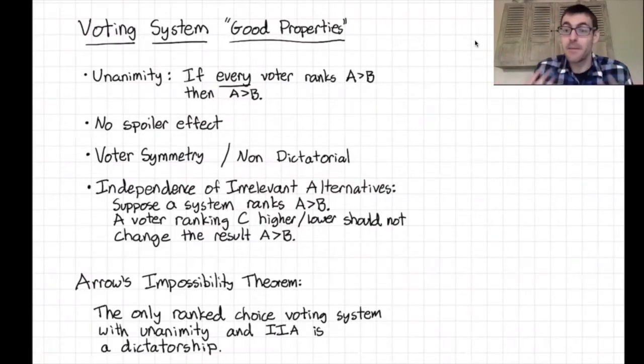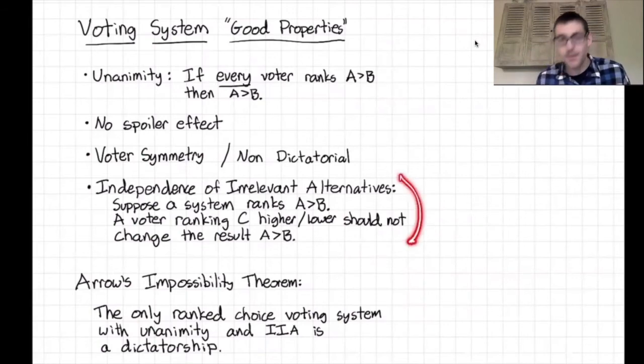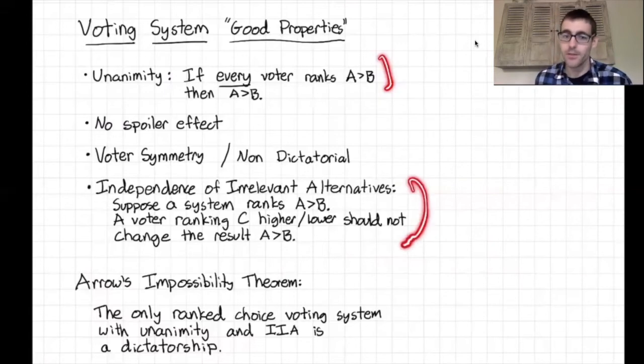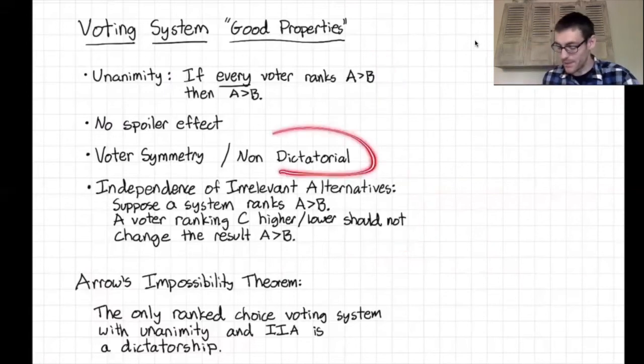So there's this famous theorem called Arrow's impossibility theorem, which says that if a voting system has unanimity, which, as we said, is a pretty obvious property to have, as well as this independence of irrelevant alternatives, meaning the existence of that strawberry ice cream shouldn't change our preference of vanilla over chocolate, then the only possible way to have unanimity and independence of irrelevant alternatives is for it to actually be a dictatorship.